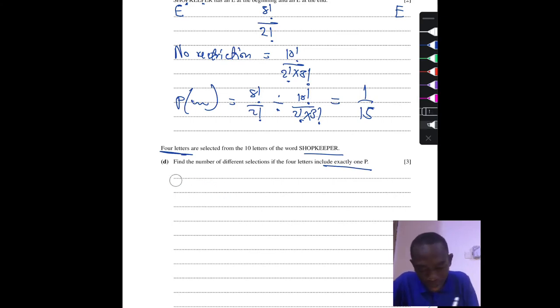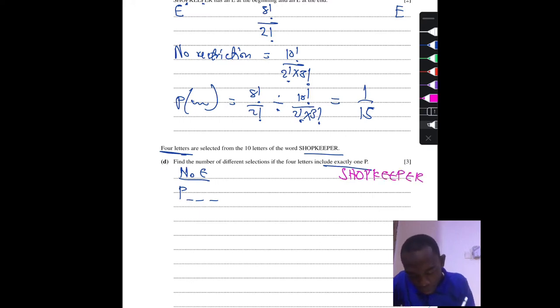So let's start with no E. So we have the P there, we have 3 more slots, okay? So if we just need 1 P, it means we can cancel out these P's. Okay, so let me write the word here so that we can play with it. Shopkeeper. Okay, so we don't need the P's, they are out. Now we said no E's, so let's cancel the E's too.